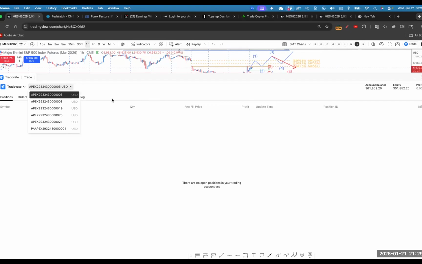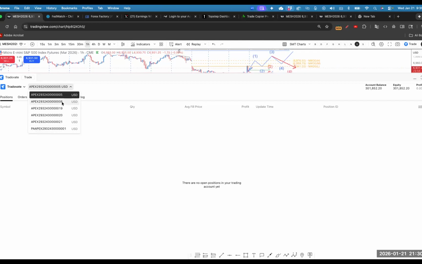When you log in from TradingView, I can see all of my different accounts. These are all of my Tradovate accounts. I've got 6 accounts on here. 5 of them are in a combine state, which are the ones that just say Apex. The ones that say PA mean I finished the combine and now I'm working on getting payouts out of this account.